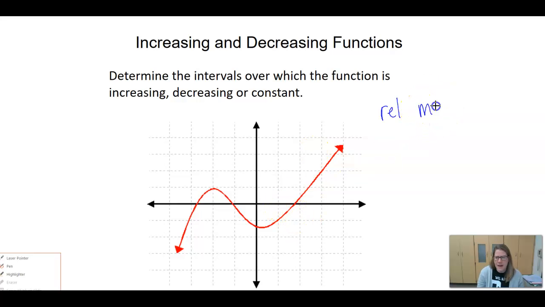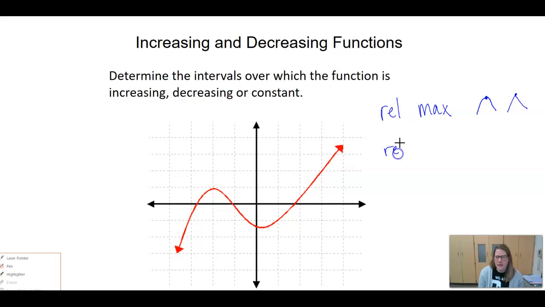A relative max is going to be like the top of a hill. Sometimes it will go up like that, sometimes it will be rounded, but that point at the top is just the highest or the maximum point in relationship to those ones right around it. That's called a relative max.